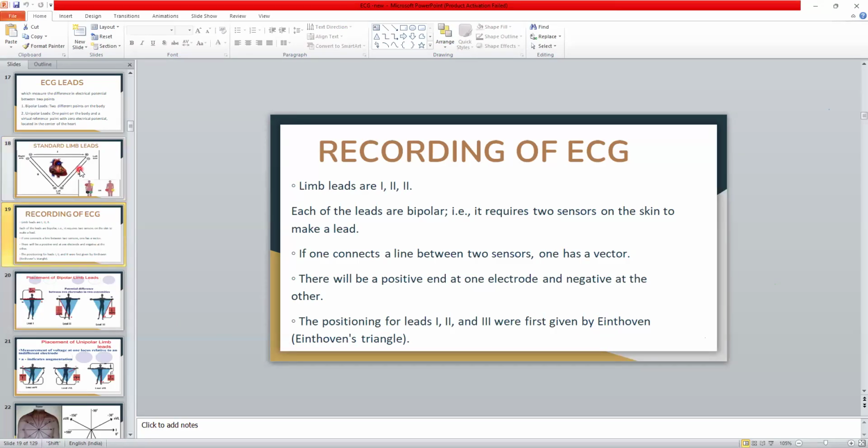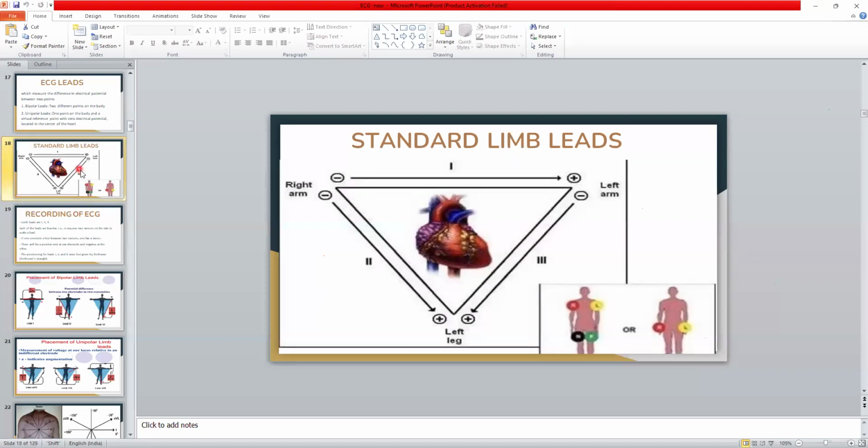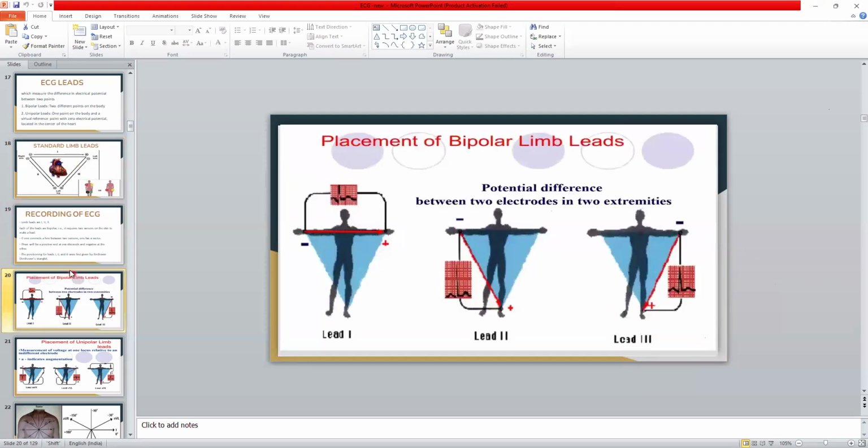Hence, this triangle is known as Einthoven's triangle. So you can see the placement of the bipolar leads.